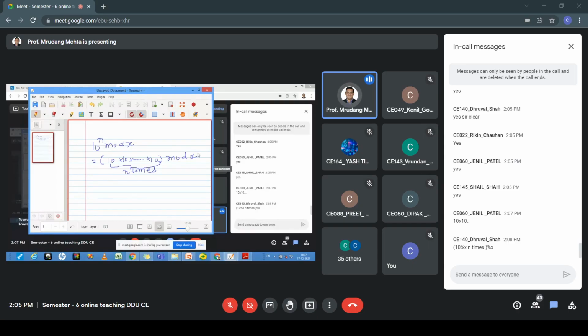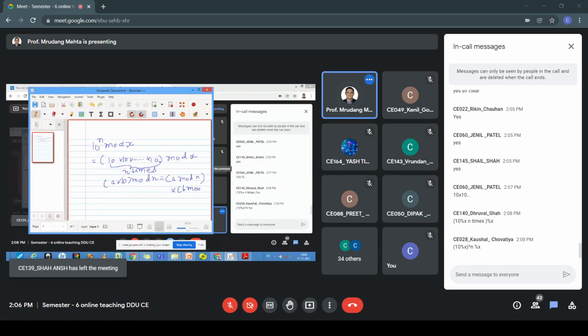And mod x. So by applying the third property, what is the third property? A cross B mod n is equal to A mod n multiplied by B mod n and the whole mod n. Okay. Can we write like this?